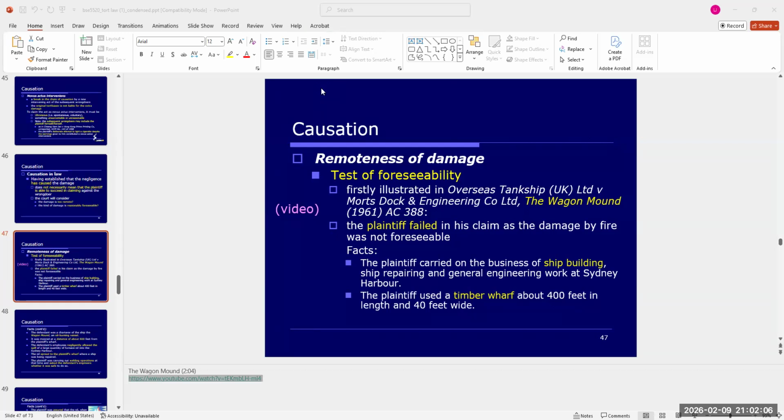The Wagon Mound case, okay? It is about the tank ship dockyard. There was a ship and there was also leakage of fuel oil in the sea.